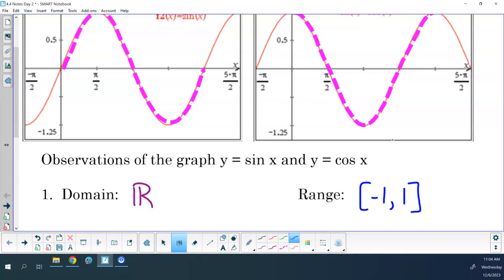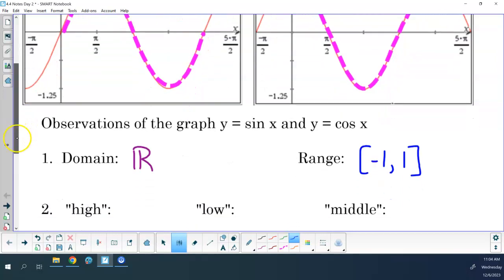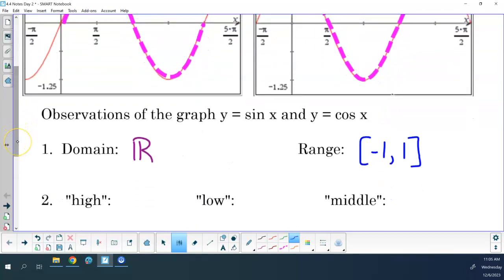Which means then, for our function, we have a high point or a maximum value. We have a low point or a minimum value, and we have a middle value.